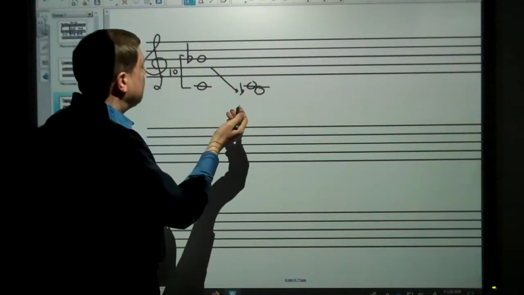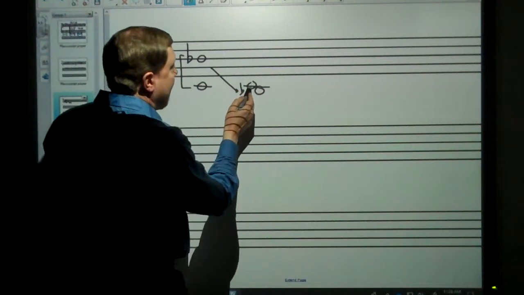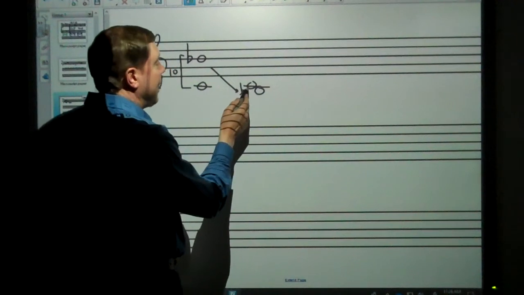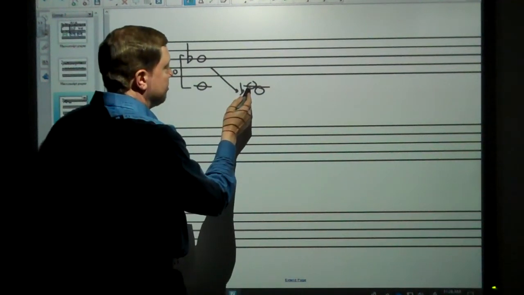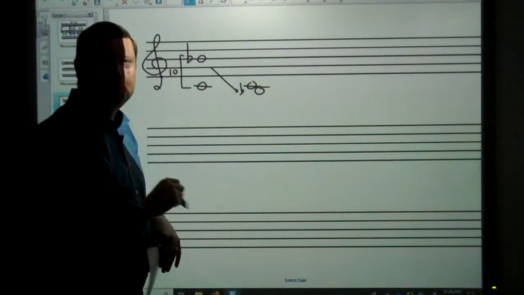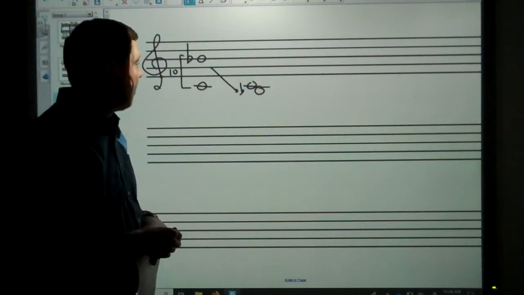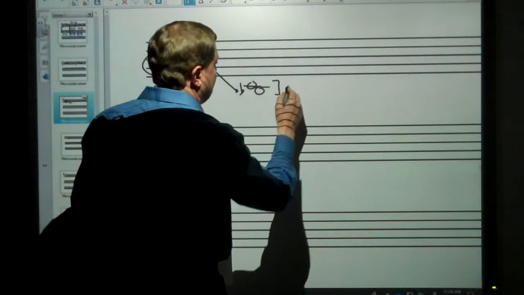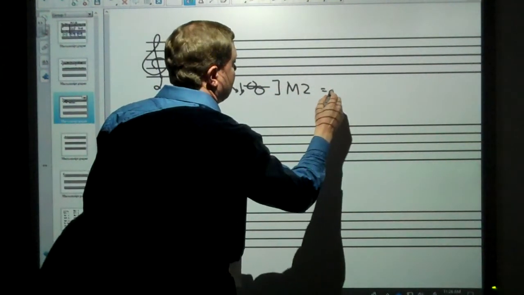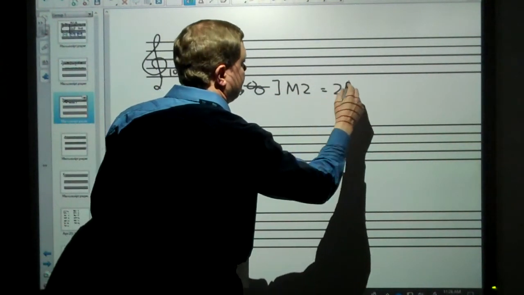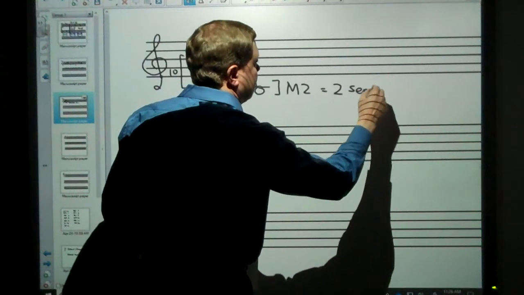Again, direction doesn't matter, octave doesn't matter. So how many semitones or half steps are there between this middle C and the B flat right below it? Well, a traditional interval, that is a whole step. And the number of semitones in a whole step is always 2 half steps, or 2 semitones.